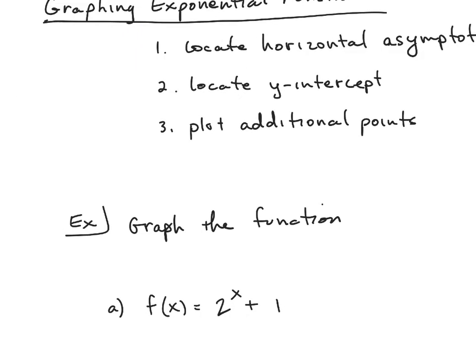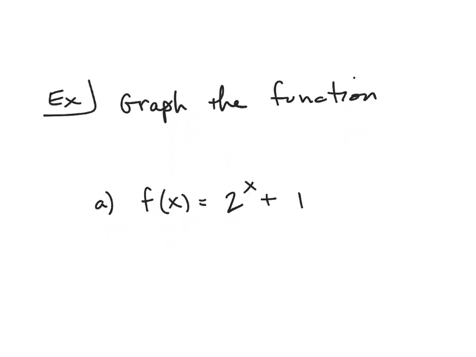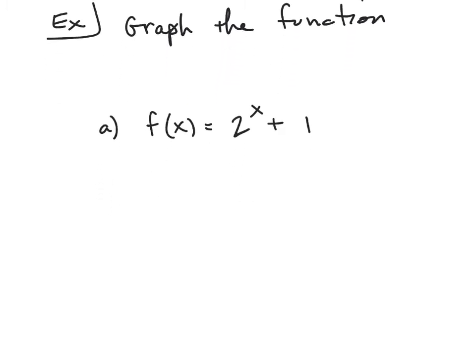So, as an example, we're going to graph the exponential function f of x equals 2 to the power of x plus 1. Now, it's an exponential growth function because the base is a value that's bigger than 1. So we expect the graph to resemble that of an exponential growth function, which has that kind of shape.